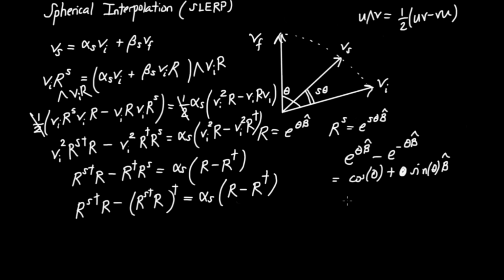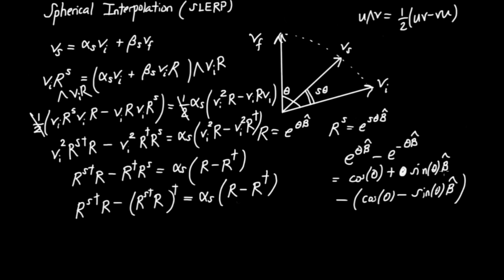Now we're going to subtract away cosine theta minus sine theta b hat. And notice what's going to happen here. This term is going to cancel with that one.